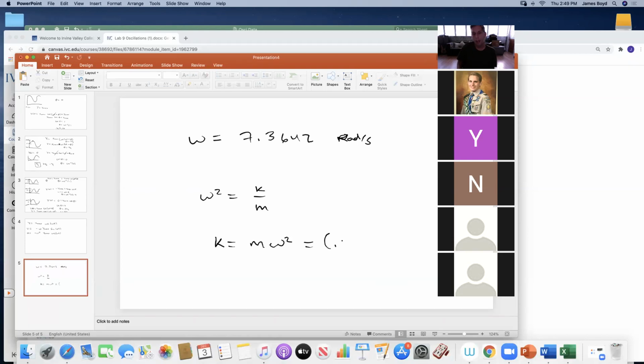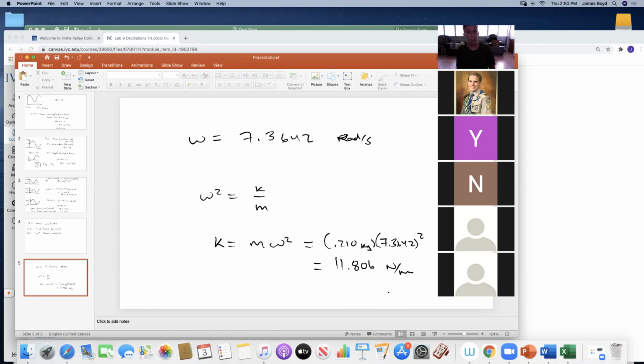Now we know that m is about 0.210 kilograms, the mass of the iOLab, times 7.3642 squared. If you remember what it was when we did the spring lab and you found it, this ends up being 11.806 newtons per meter.